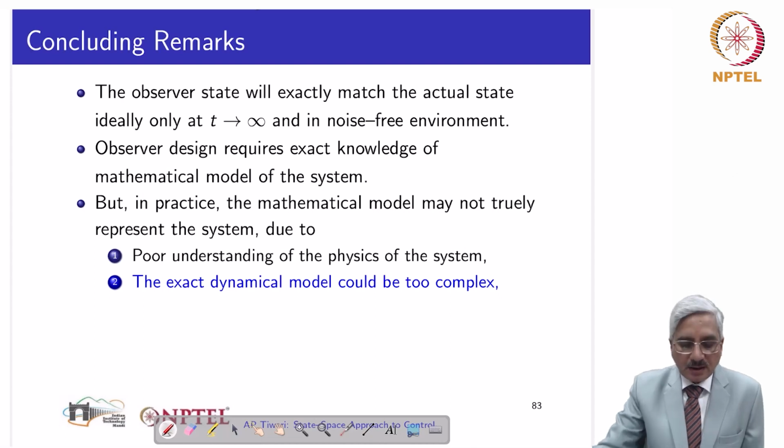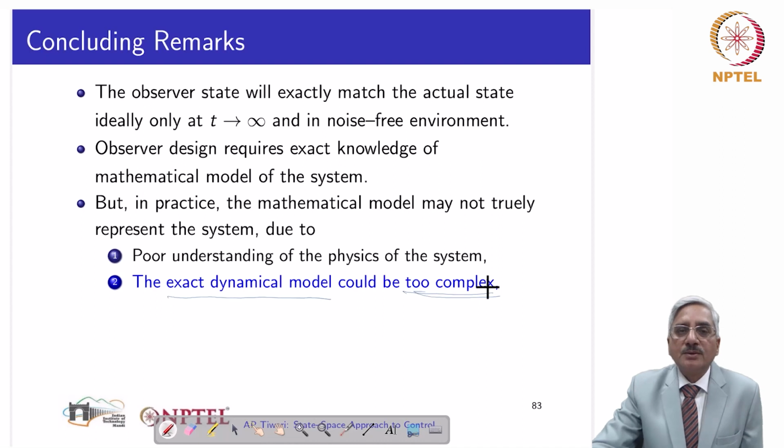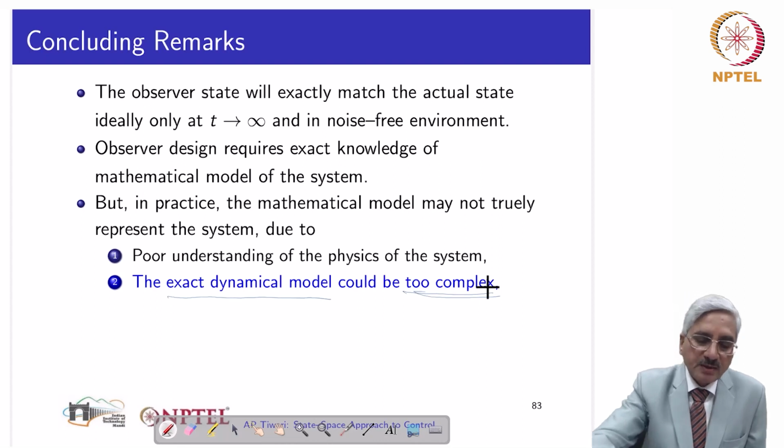Or the other thing is that the exact dynamical model, even though it is known, it is so complex that it is not conducive to controller and observer design, and we are forced to resort to simplify the model. So simplified model will never represent the actual system to that much faithfulness as does a good exact model. So that limitation will be there.